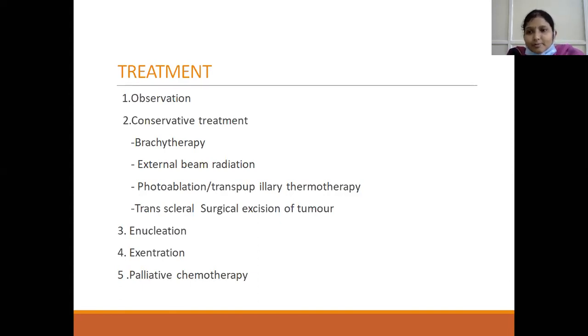Spindle has the best prognosis, epithelioid has the worst prognosis. Clinical features have four stages: quiescent stage, glaucomatous stage, extraocular spread and metastasis. Treatment is observation, conservative management, enucleation, exenteration and palliative chemotherapy depending upon the size and stage of the tumor. So with this we complete the uveitis topic.